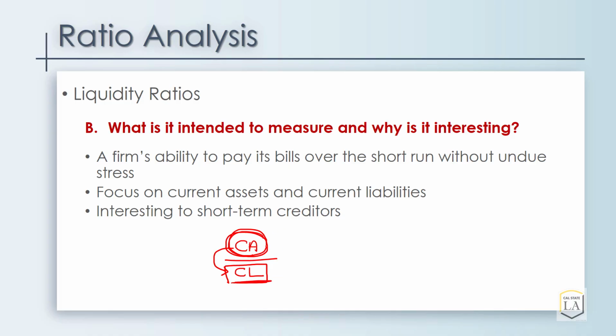So how much immediate access to cash, immediate access to current assets, we have to be able to pay the short-run bills. Our focus would be on current assets, or maybe just different items under current assets, and current liabilities. Of course, as you can see, this would be interesting information for short-term creditors, and also loan officers at the bank.